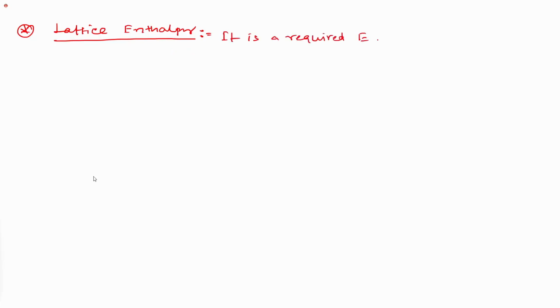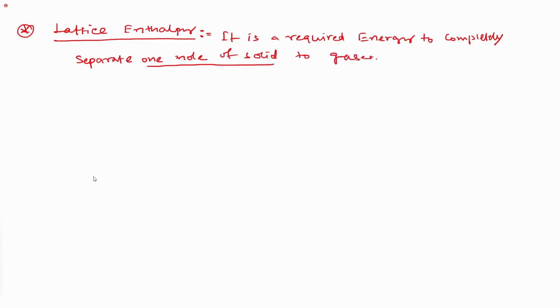What is lattice energy? Lattice enthalpy is the energy required to completely separate 1 mole of solid. 1 mole of solid, this is a very important term, to gaseous constituents.